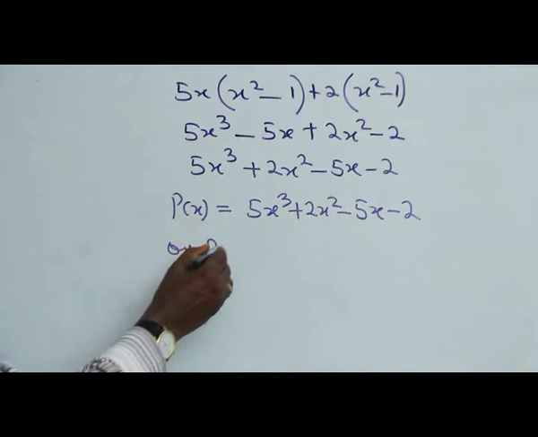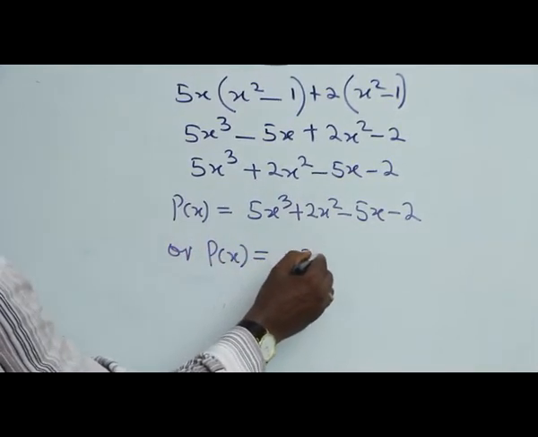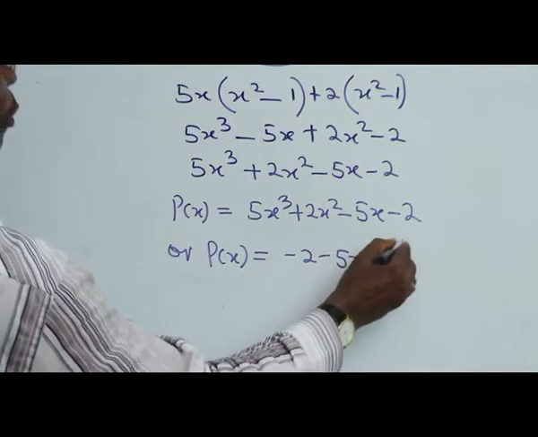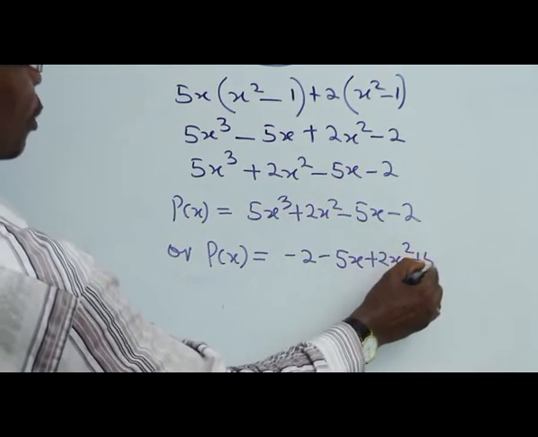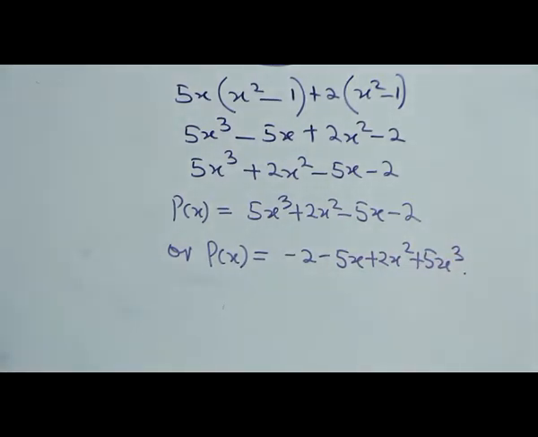Or your p of s is minus 2 minus 5s plus 2s squared plus 5s cubed. The first one is the descending order, the second one is the ascending order.